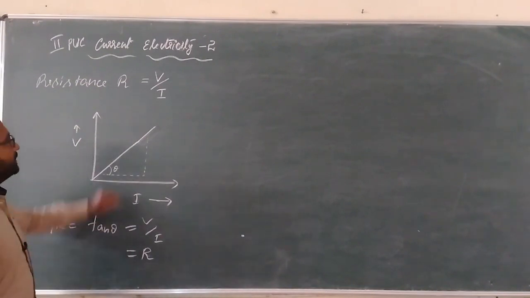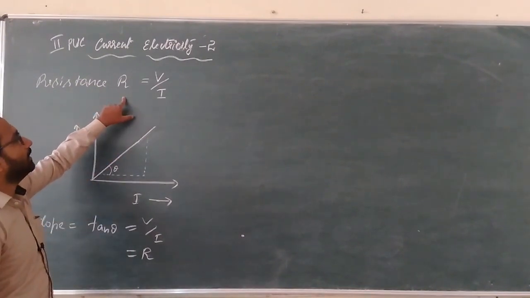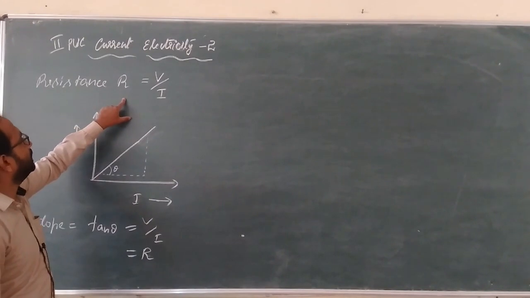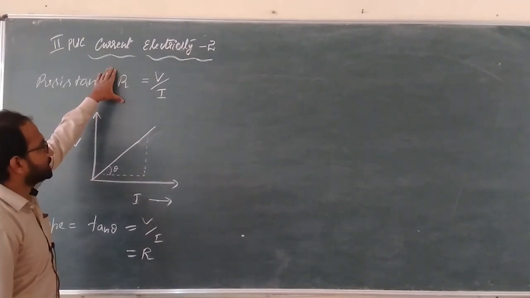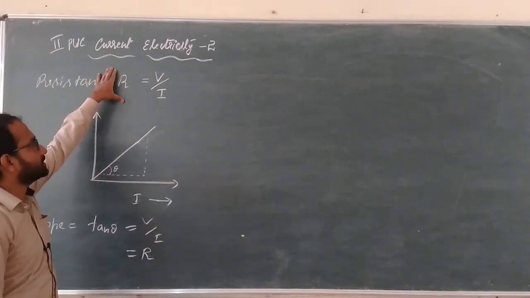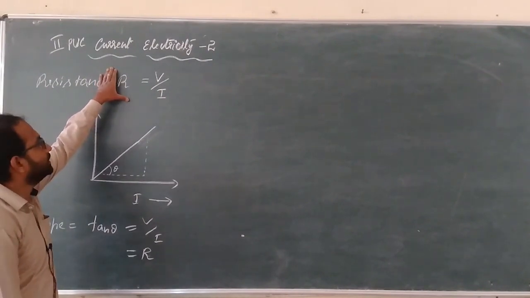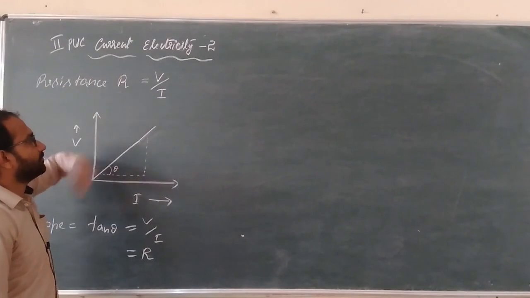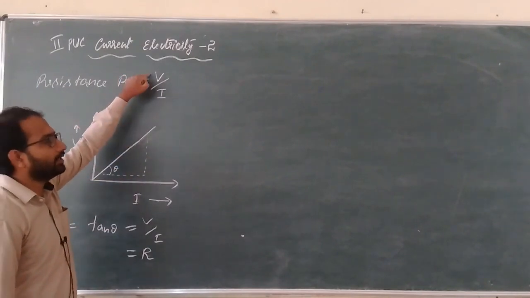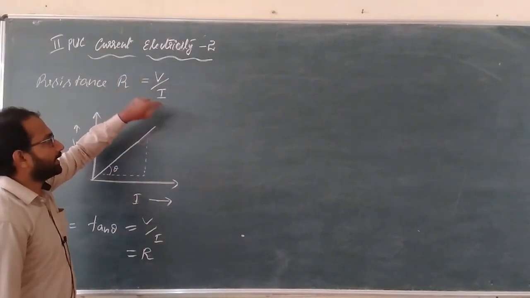As I told, this definition serves as the expression for resistance for any material, whether the material is ohmic or non-ohmic. It is just the voltage to current ratio.